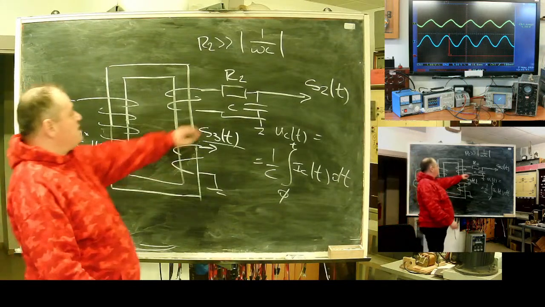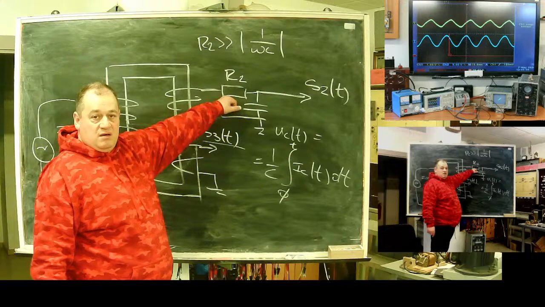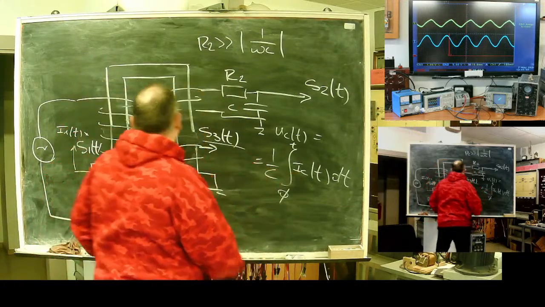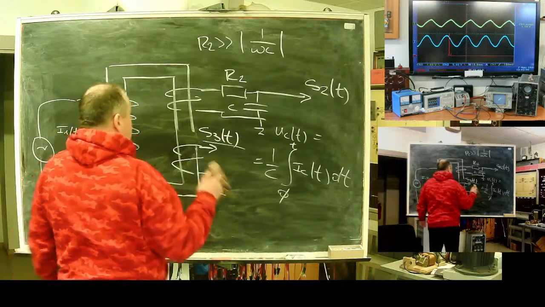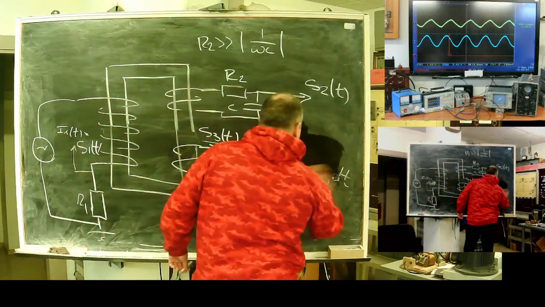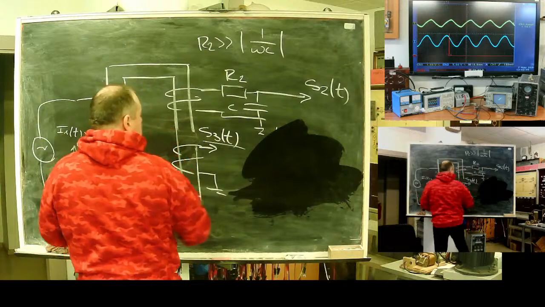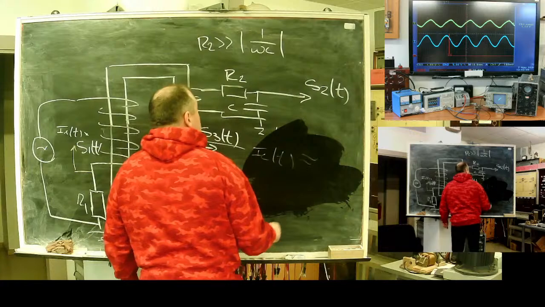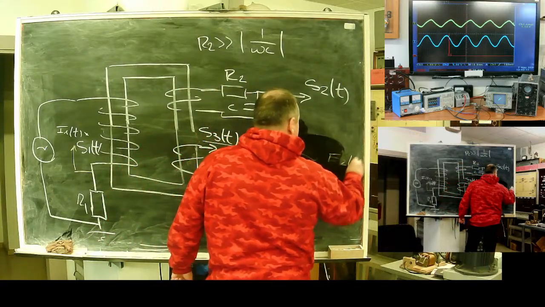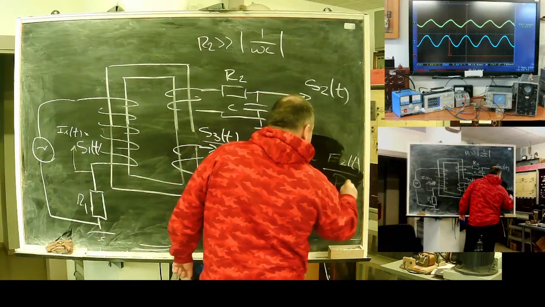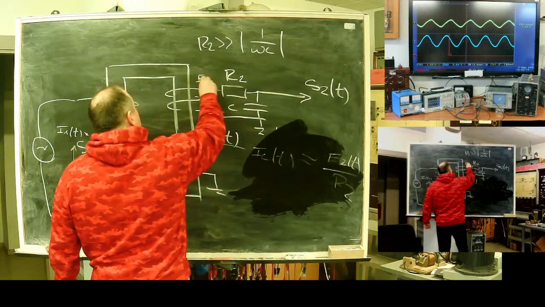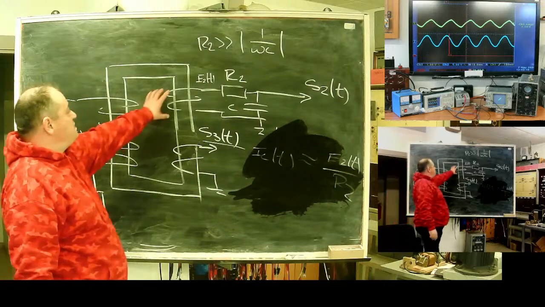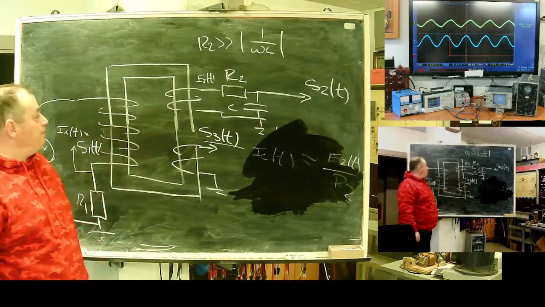Because this resistance is deliberately high, the capacitor's current is approximately the pure EMF of this winding number 2.